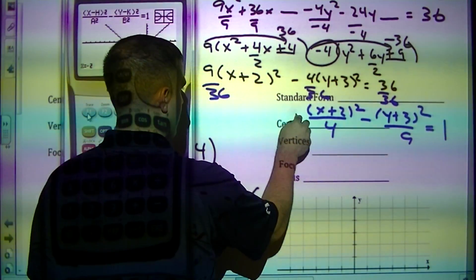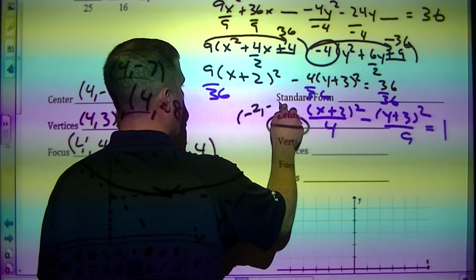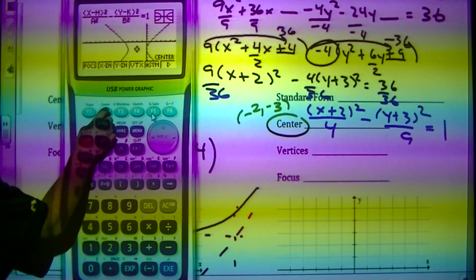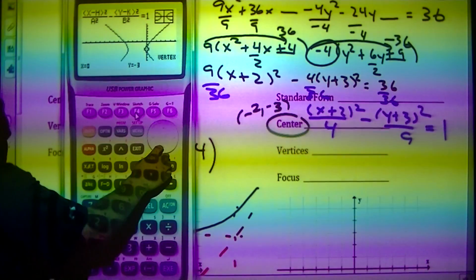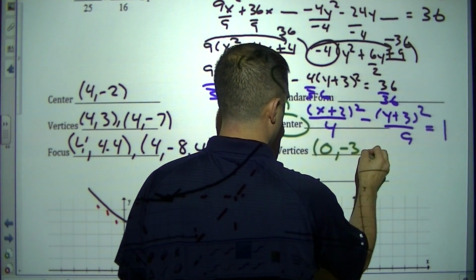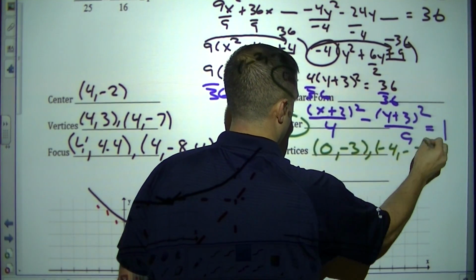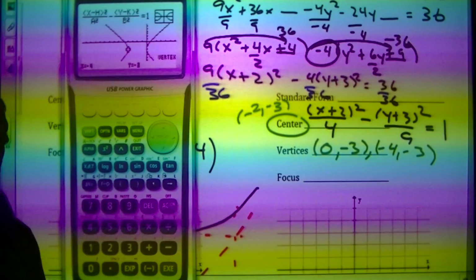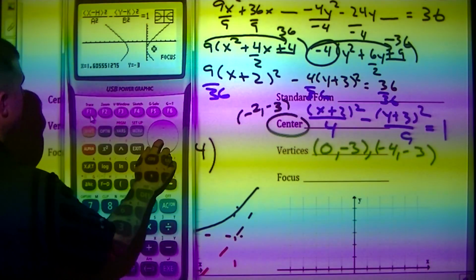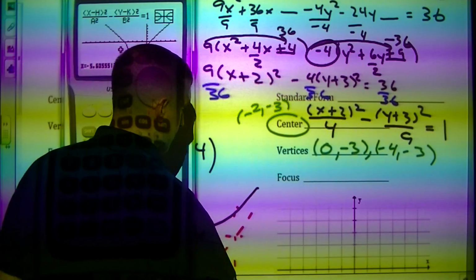So my center here is -2, -3. My vertices, Gsolve vertices, are going to be 0, -3, and -4, -3. And then my foci are going to be 1.6, -3, and -5.6, -3.